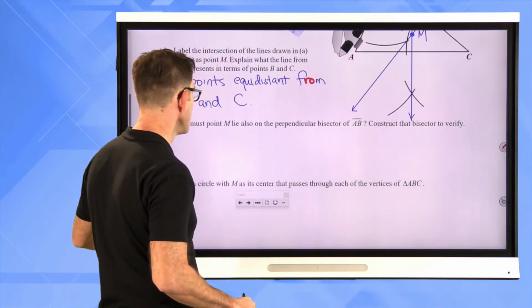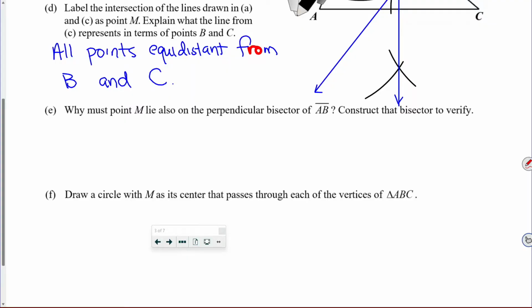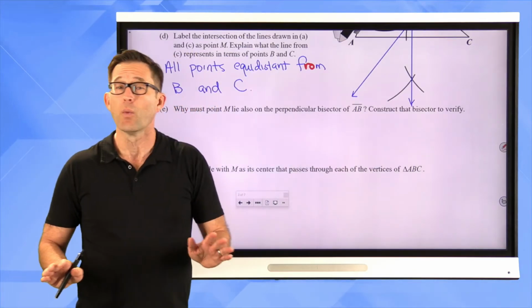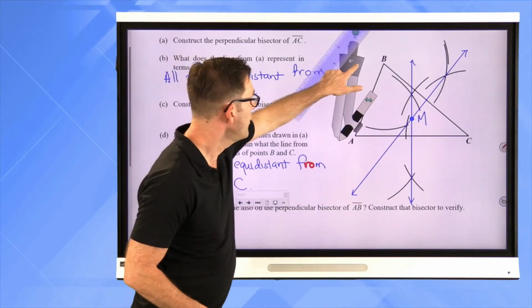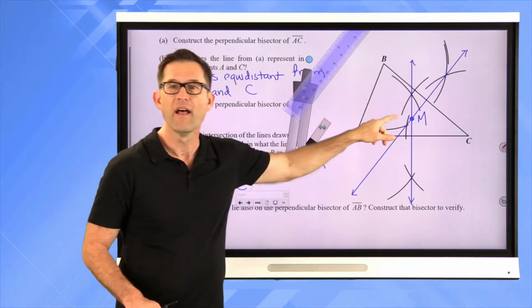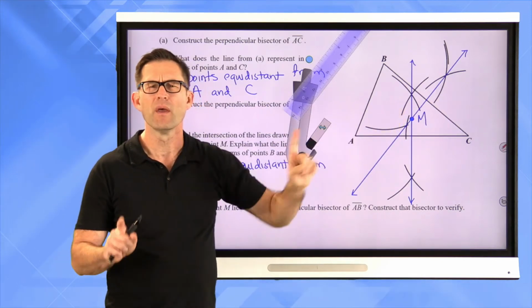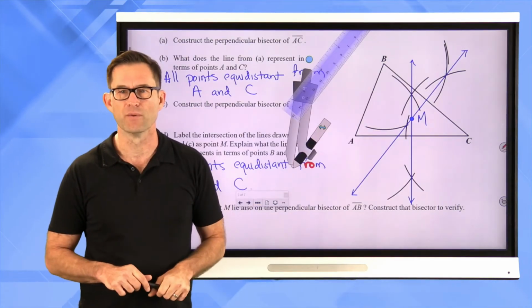So let's take a look at letter E. Why must point M lie also on the perpendicular bisector of AB? Construct that bisector to verify. So I claim, without even constructing the perpendicular bisector of segment AB, that point M must lie on it. Pause the video now for a second and think about why that must be true.